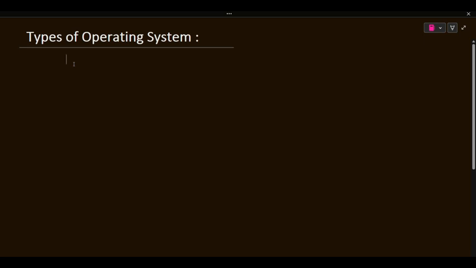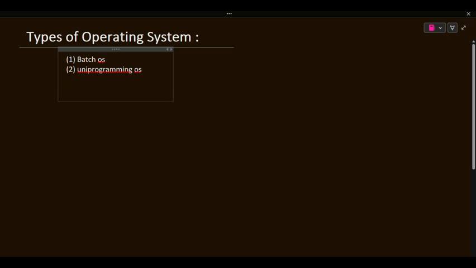So today we are going to discuss the further part of the operating system, that is types of operating systems. We have mainly six types of operating systems. The first one is batch OS. The second one is uniprogramming OS.